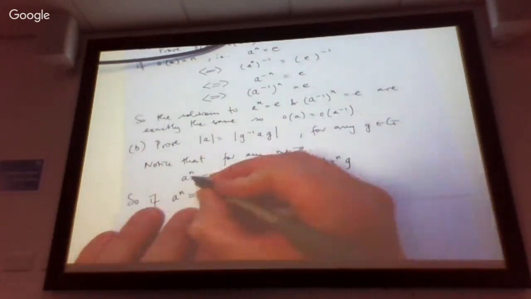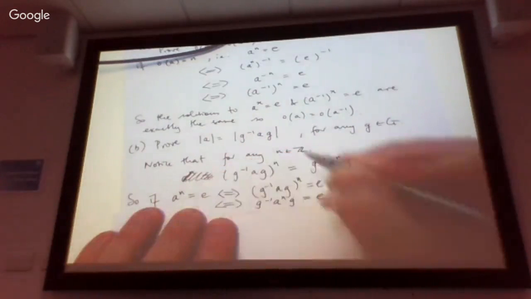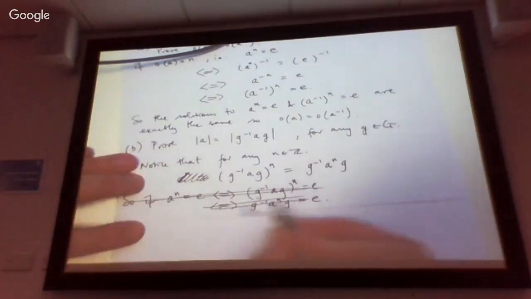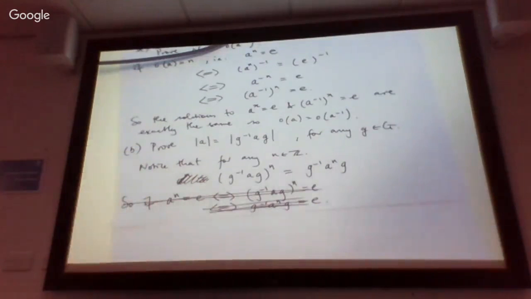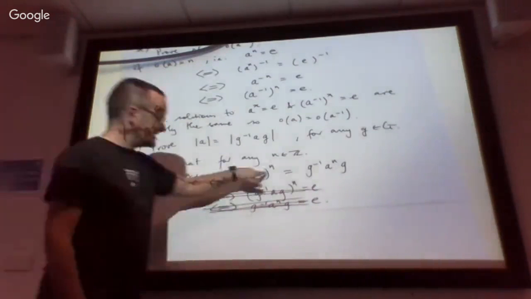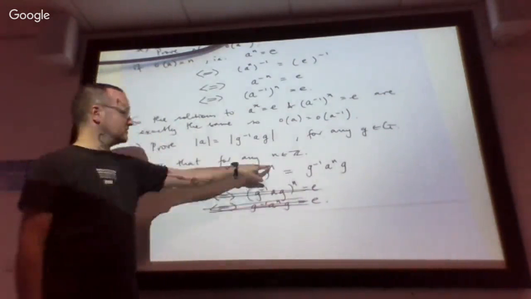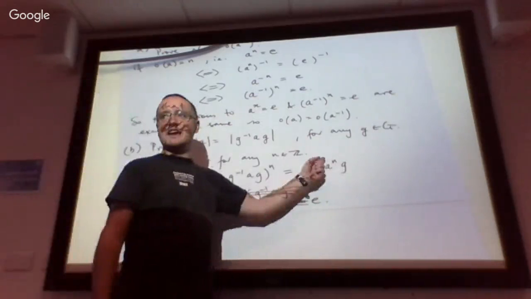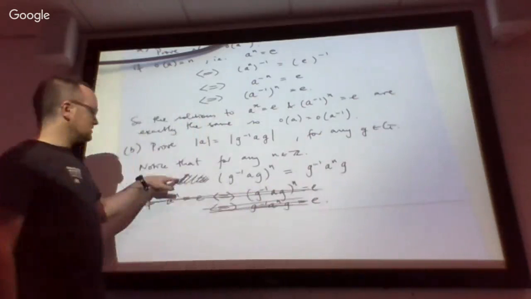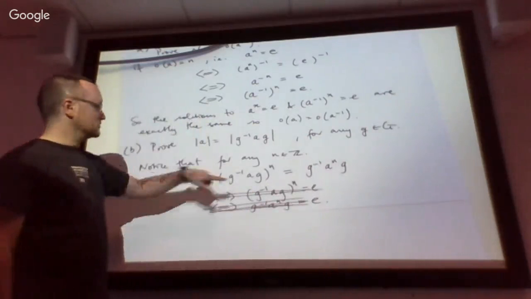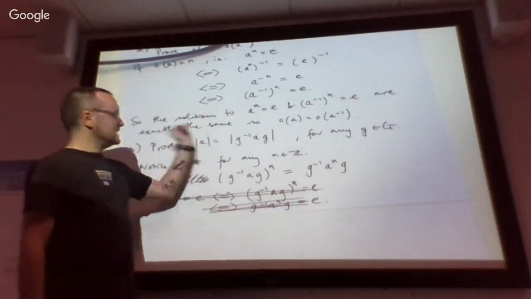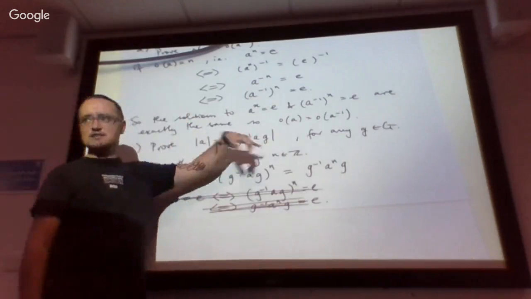Now there's parts A, B, C in this, question 23. In B, we want to prove that the order of A, so he is using straight bar notation here for the order of the group element.